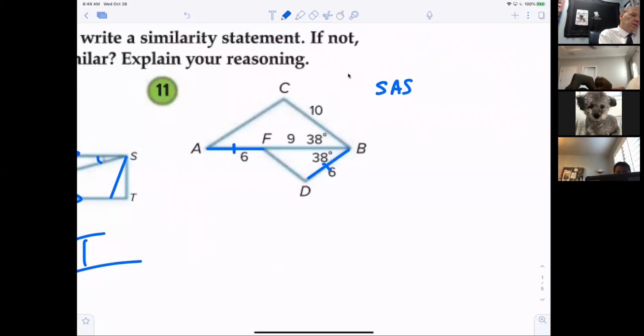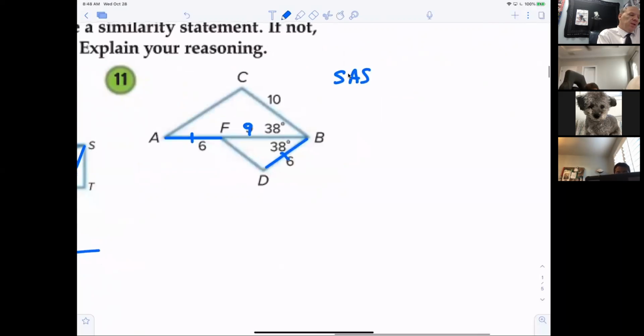Oh, I didn't even see this 9. That means from F to B is 9, I'm assuming. And from A to F is 6, right? So that means AB is how much? 15, right?